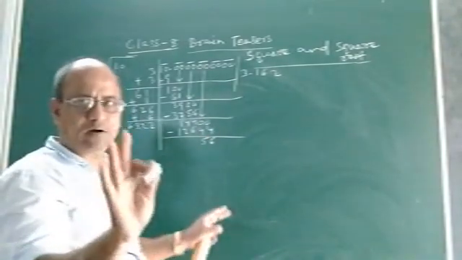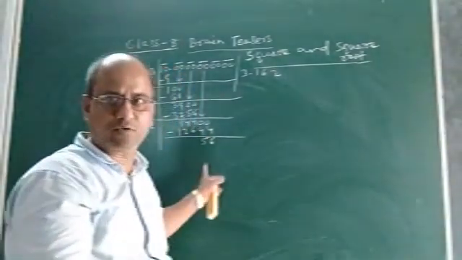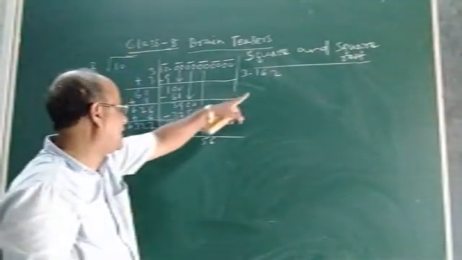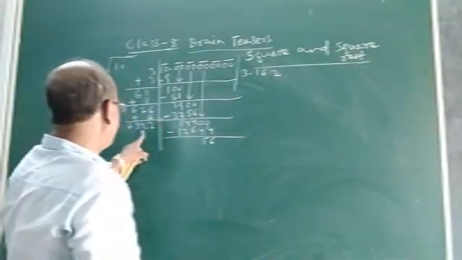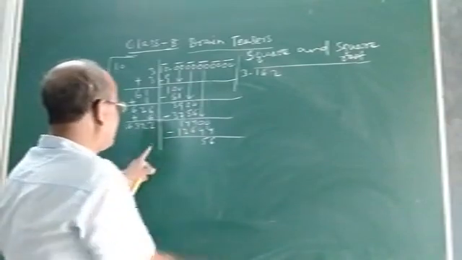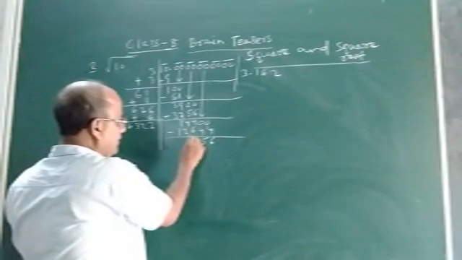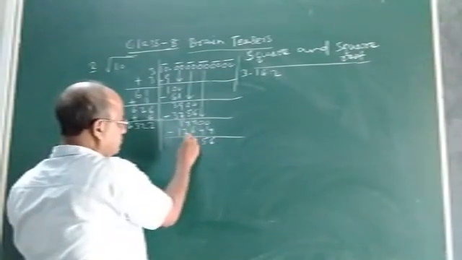Children, you know what the long division method of finding square root is, so I am doing only that way. Here we have to test only and write down. Now you subtract: 10 minus 4 is 6, 13 minus 6 is 7, 3 minus 2 is 1.